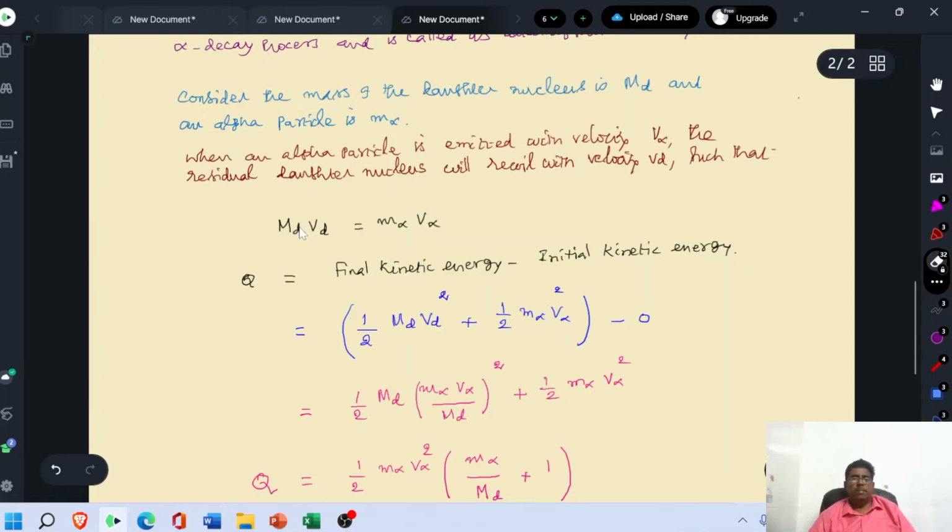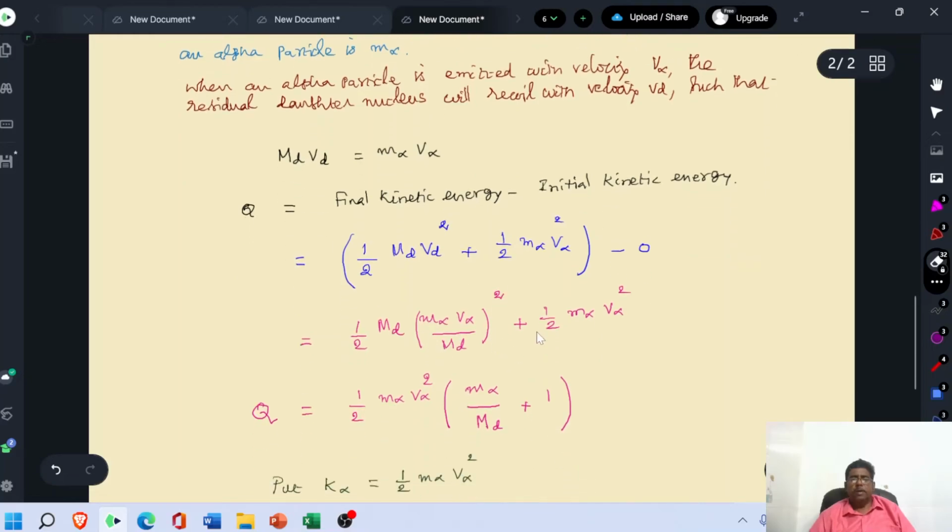From this relation MD VD equal to M alpha V alpha, instead of VD we can write M alpha V alpha by MD. So VD square, therefore the entire term is squared, plus half M alpha V alpha square. Take the term M alpha V alpha square as a common term. Here we have taken out M alpha V alpha square, so the remaining one M alpha is present.